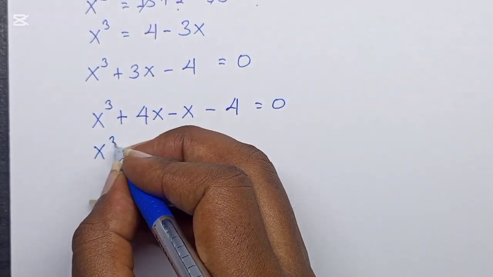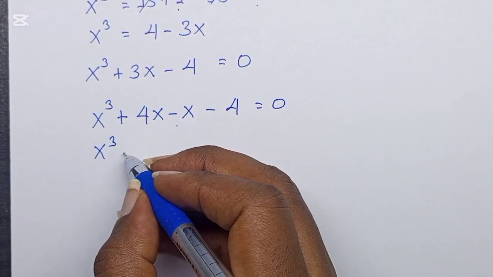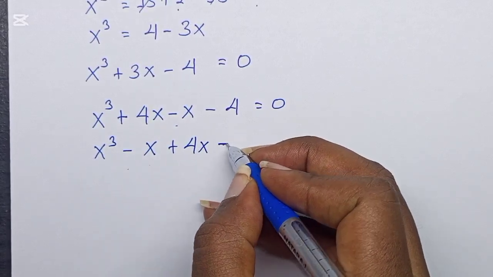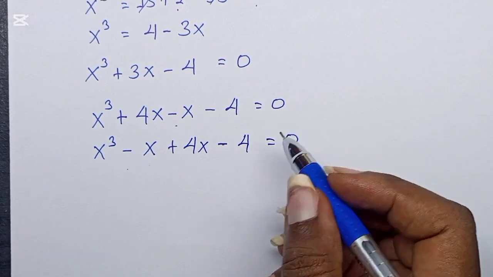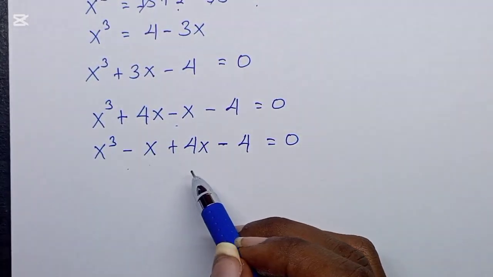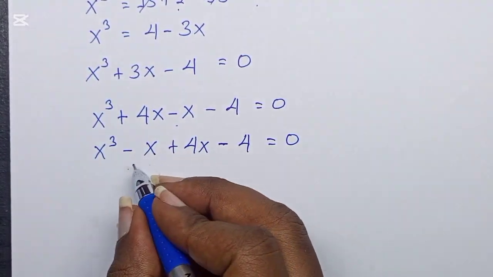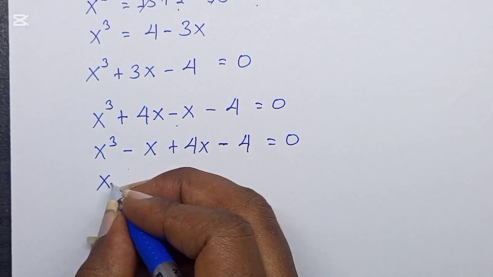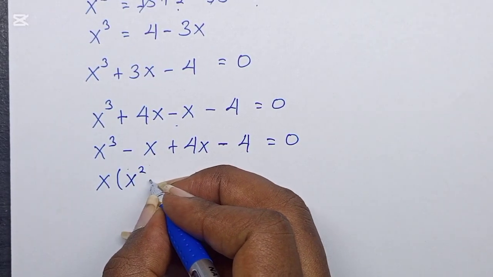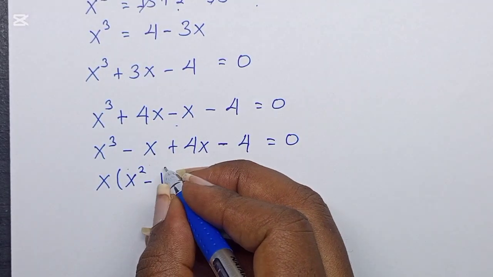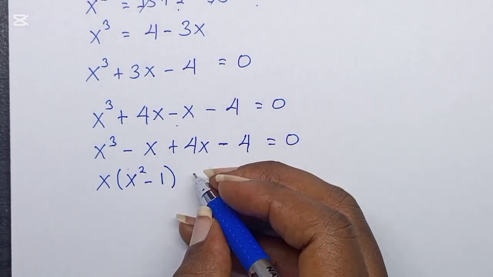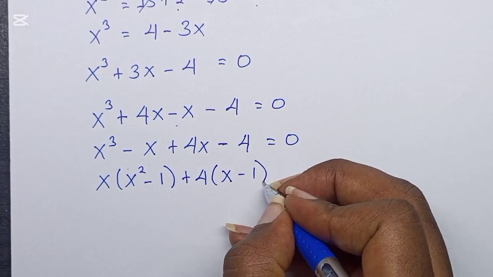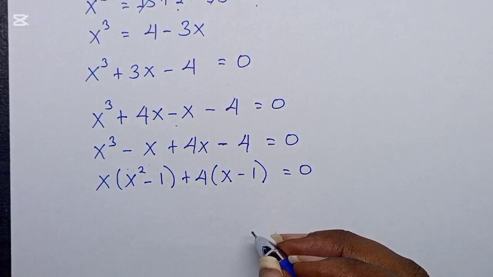So we shall have x cubed minus x, then plus 4x minus 4 equal to 0. It's the same, we've just rearranged. So x is common here. We factor it out. We shall have x into x squared minus 1. Then also 4 is common here, plus 4 into x minus 1 is equal to 0.